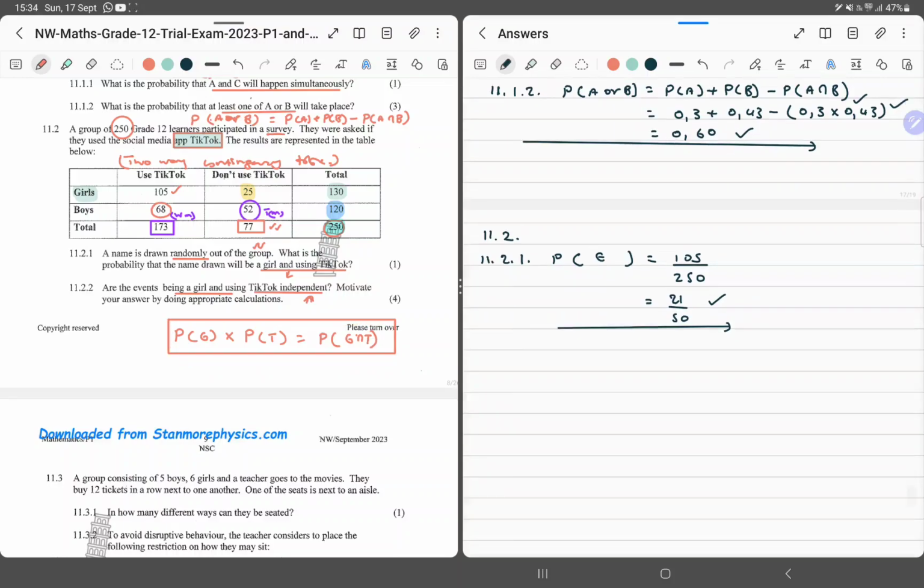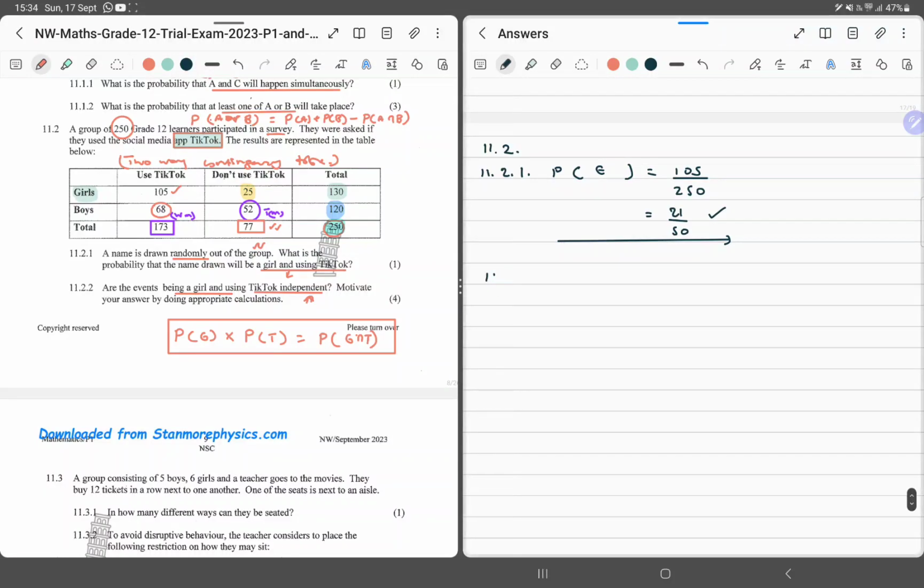Now, let's see how we answer 11.2.2. Let's first find out the probability of being a girl. How many girls do we have? We've got 130 against a background of 250 students in total. That is the probability of being a girl in this group. Now let's see the probability of using TikTok.